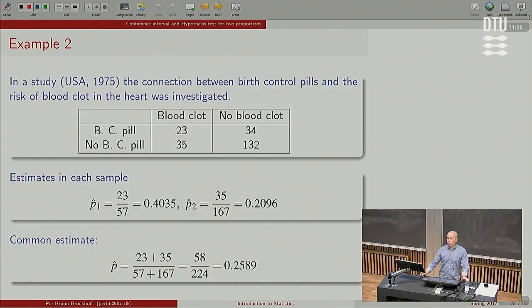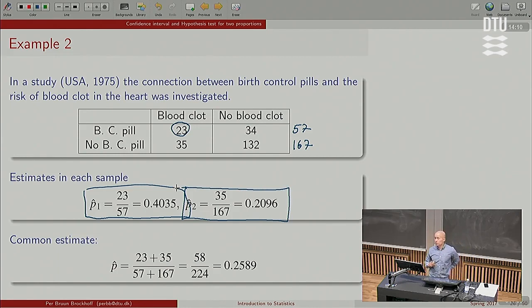Now, before we actually do some statistical testing of those two proportions, let's compute the proportions that this is all about. Namely, that we have 57 people in one sample from one population, and we have 167 persons sampled in the other population. And then, what is the risk of actually getting the disease among the birth control group? That's around 40%. What is the risk of getting the same disease in the other group?